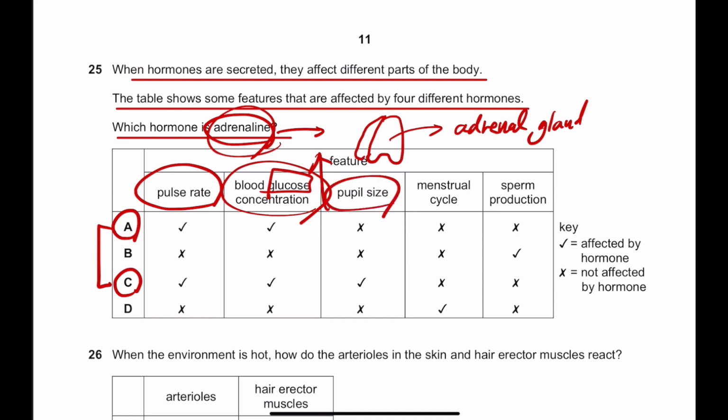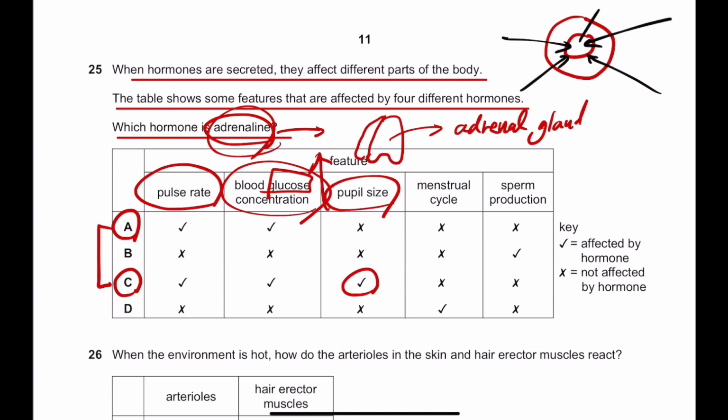And the pupil size has to become bigger, because when you want to fight or run away, you instantly have to receive a lot of information from the outside world. One of the few ways that we get information from the outside world is by light, by looking around.